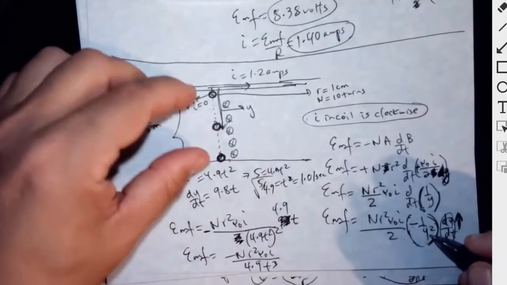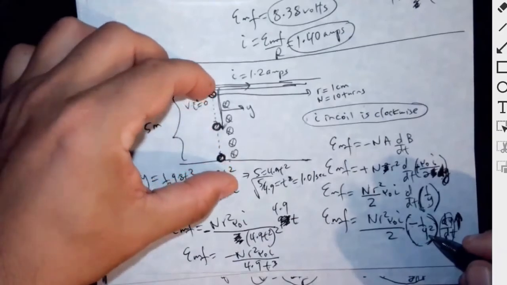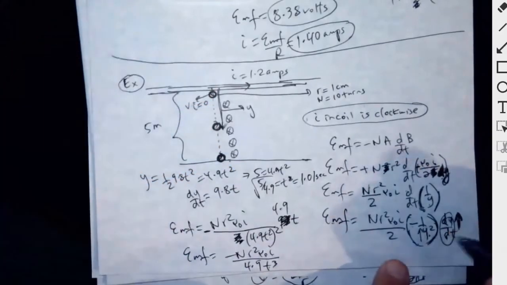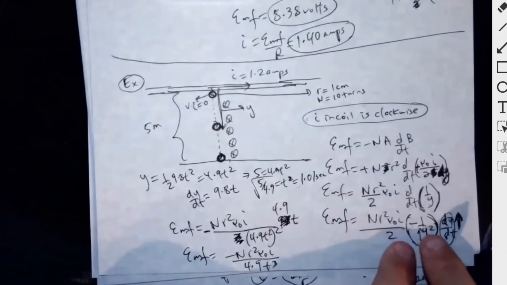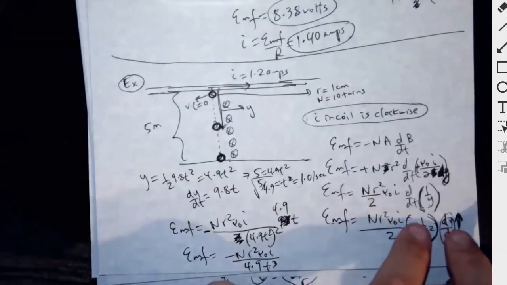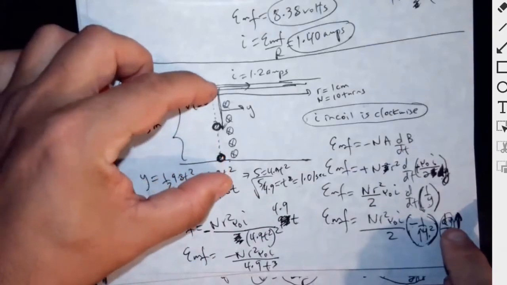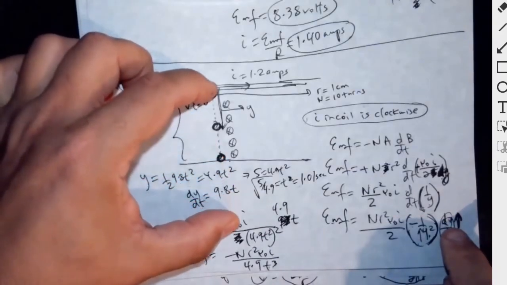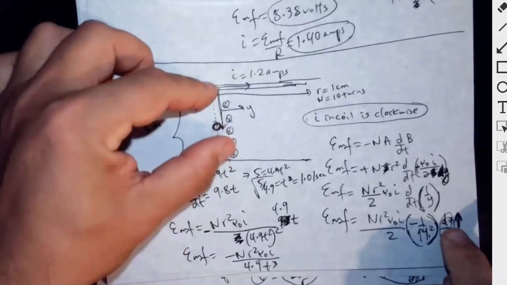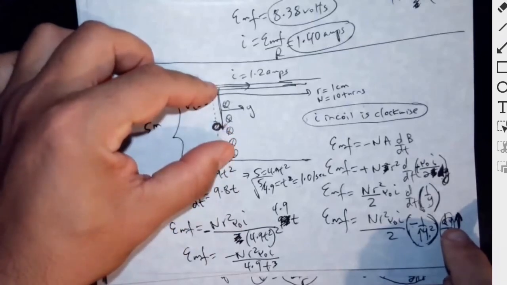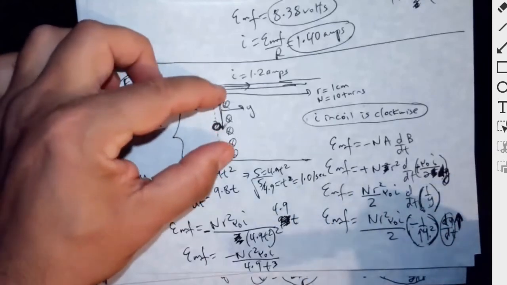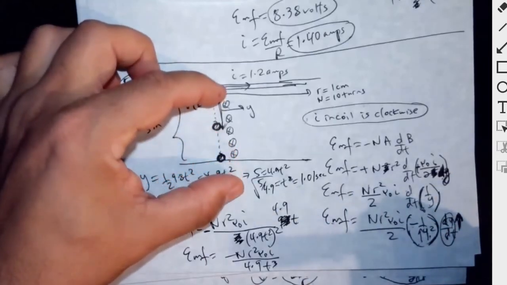But the y, its distance from the wire, also gets larger, you see? And then you have to square the distance. So it moves faster, but it moves more and more into regions of weaker magnetic field.